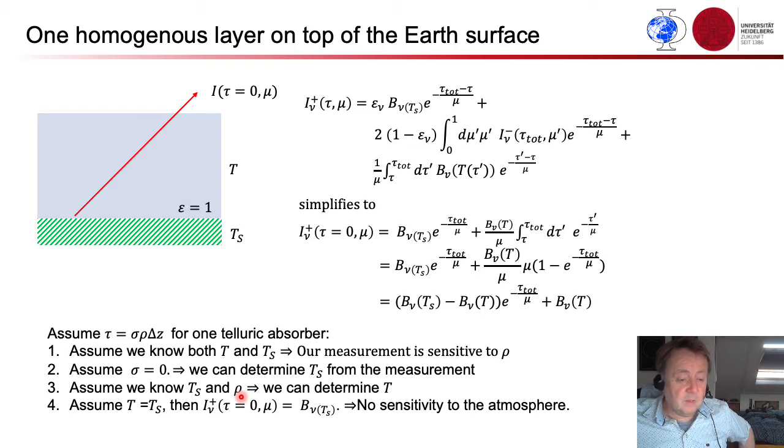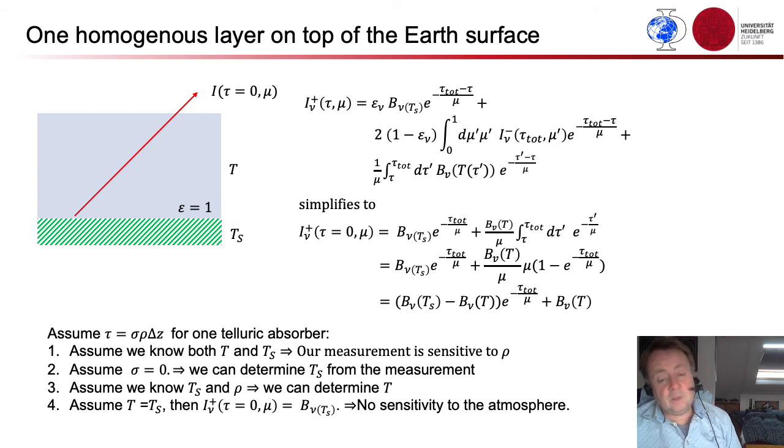And last but not least, we consider the case that there is no difference in temperature between the atmosphere and the surface. That is the case when these two Planck functions are equal. So then we have 0 here, and the only thing that we measure is, again, the Planck radiation of the surface or the atmosphere, because they have the same temperature.